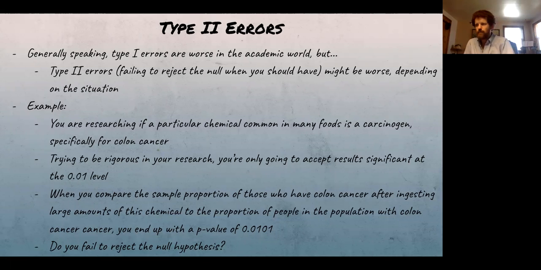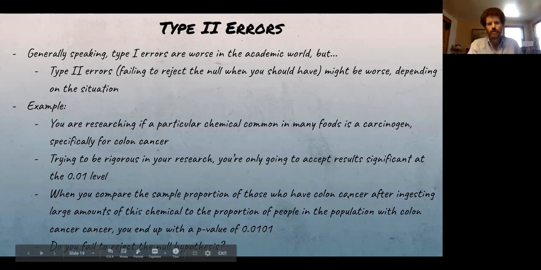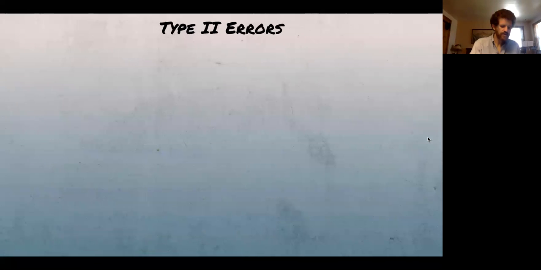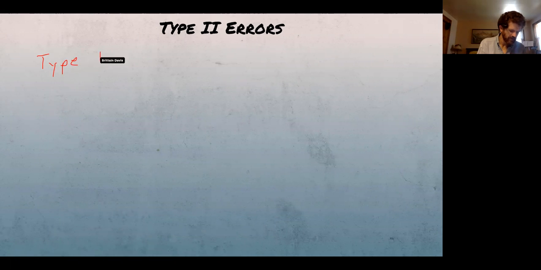And I think to fully answer this question, let's go through and remember, we're about to go to a blank page. So remember this scenario, okay? So we are doing a study and we got 0.0101. Okay, so let's consider what a type 1 error is. So in this study, what would a type 1 error be?